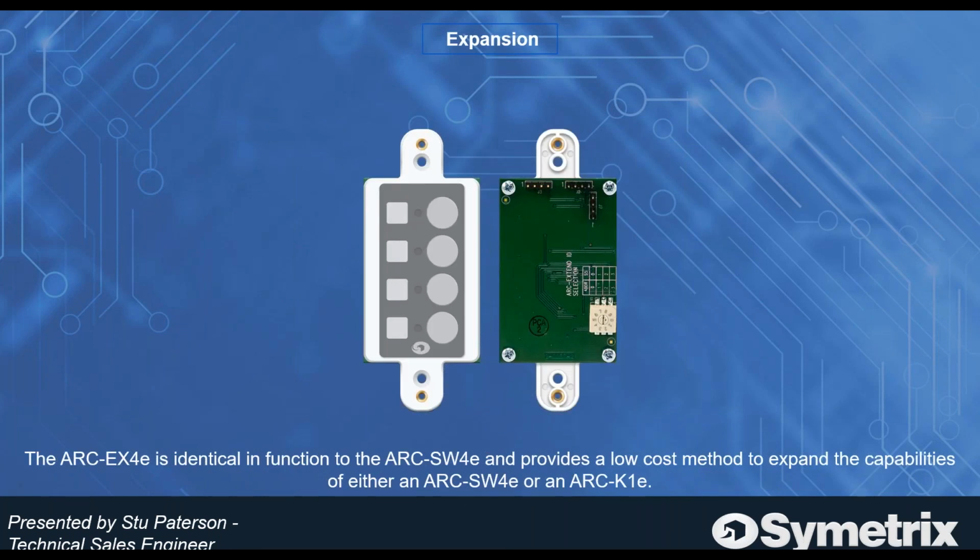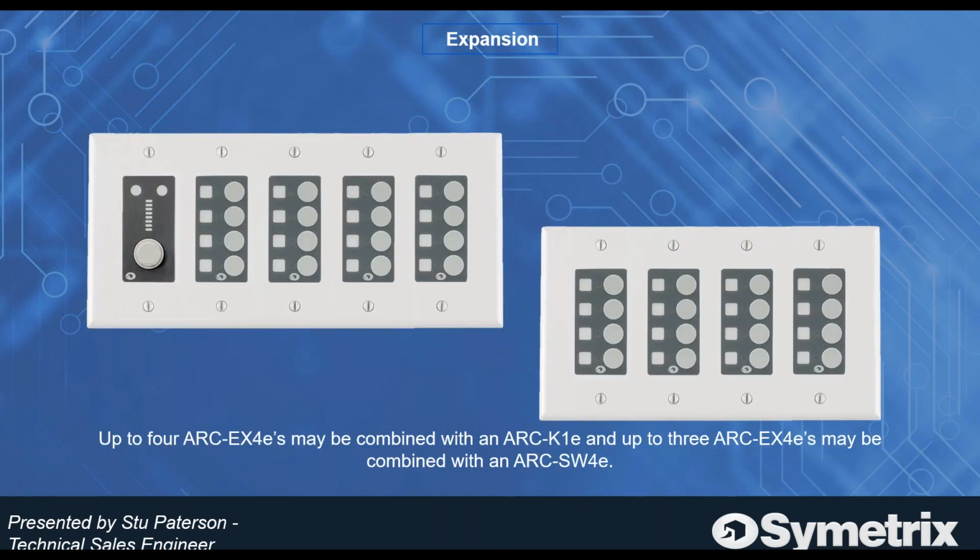Now we're getting to the expander. The expander is identical to the SW4E, and it's a great way to add usability to the SW4 and the K1E. It should be mentioned they only function with the SW4E and the K1E. You can see here with the K1E on the left, you can add up to 4 button expanders.